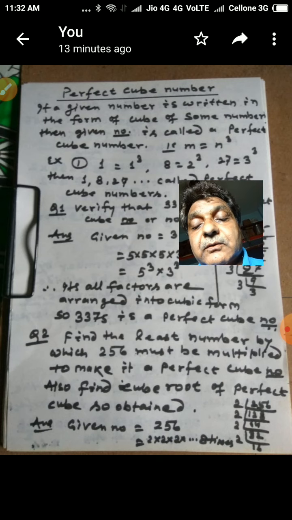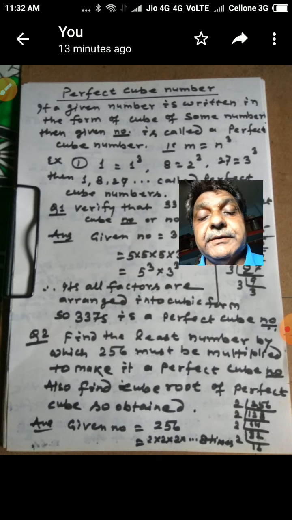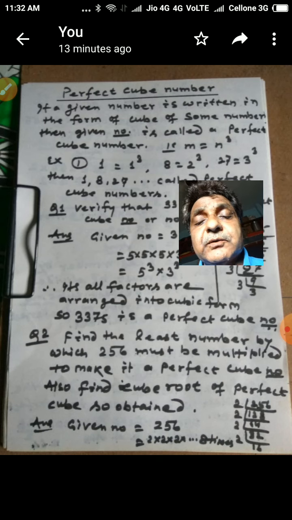Here one question is: find the least number, or the smallest number, by which 256 must be multiplied to make it a perfect cube number. Also find the cube root of the perfect cube so obtained. So here students, you see the question contains 2 parts to be answered.